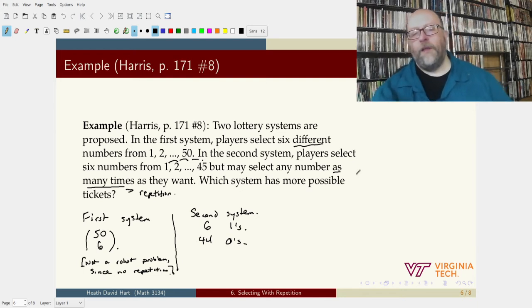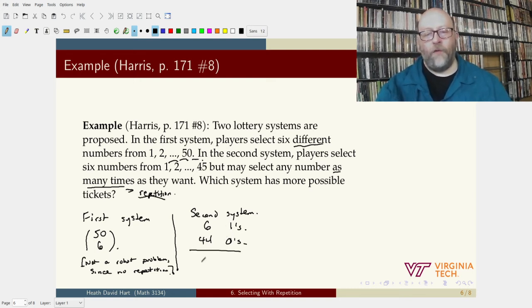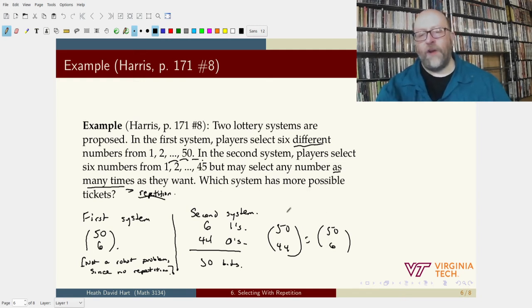I'm using the ones and zeros strategy here because there is repetition in this case. And there are a total of 50 bits, and so we get 50 choose 44, but that's exactly the same thing as 50 choose 6. And the question is, which system has more possible tickets? It is a trick question. Both systems have the same number.